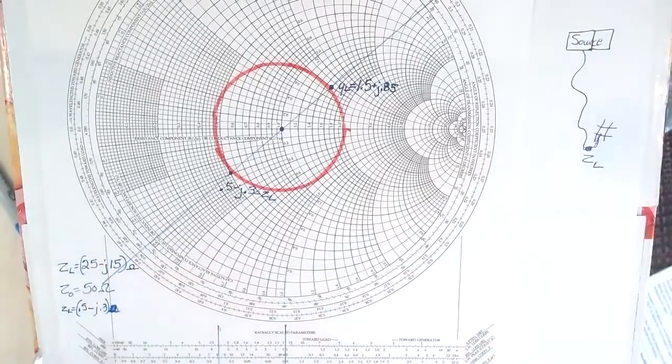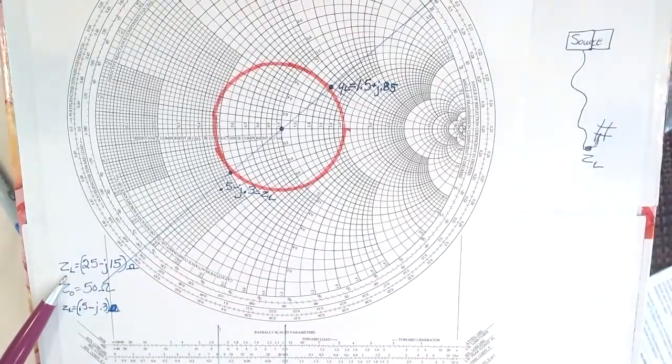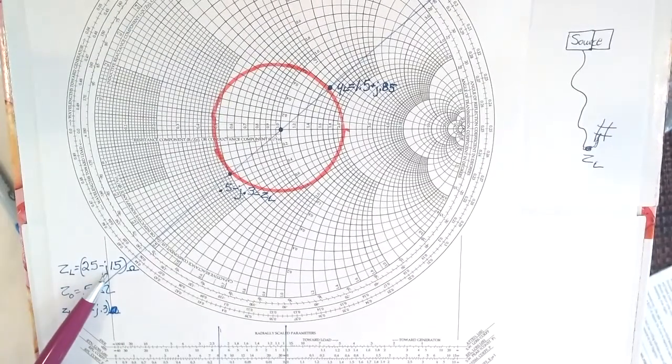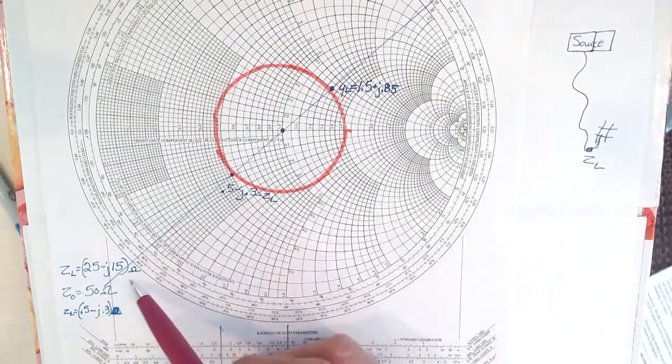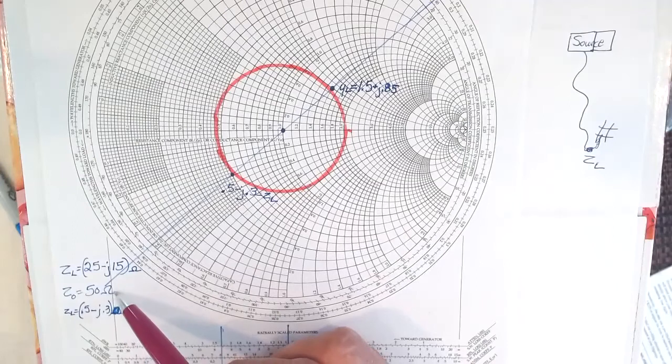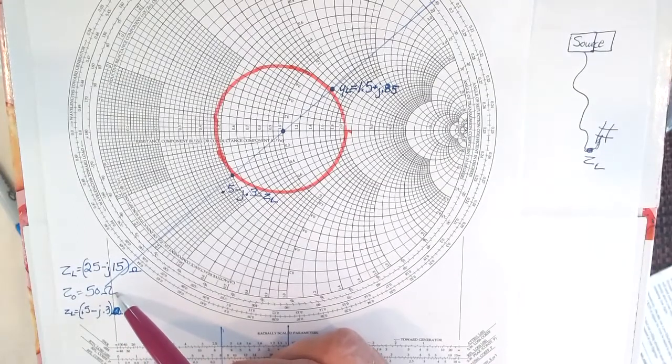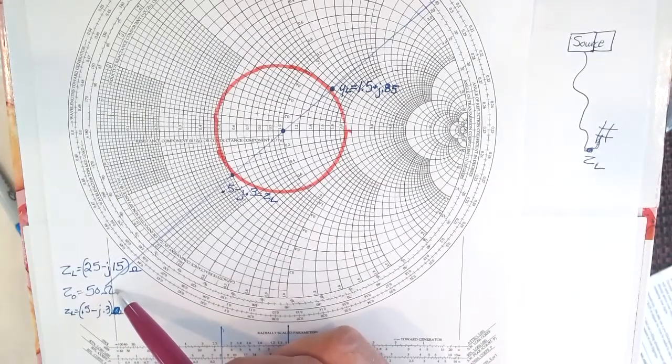In fact, you see that the load I've got here in our example is going to be 25 minus J15 ohms. That's my complex load impedance. My characteristic impedance is 50 ohms.